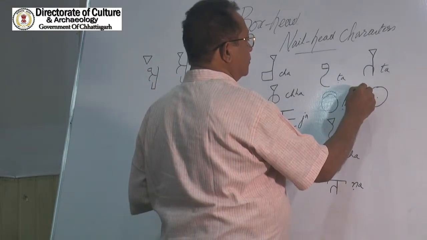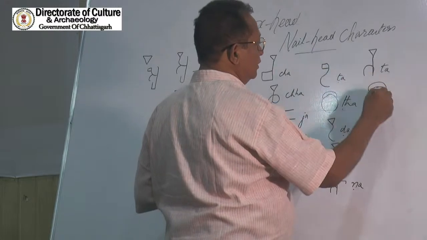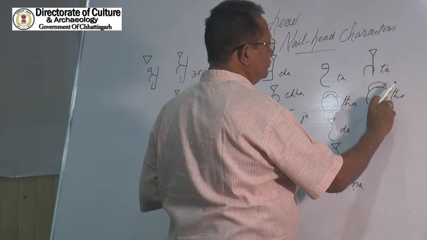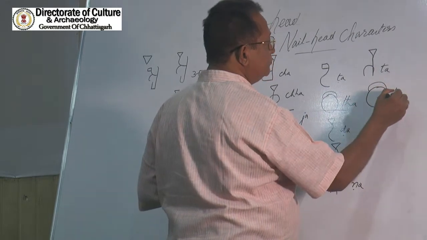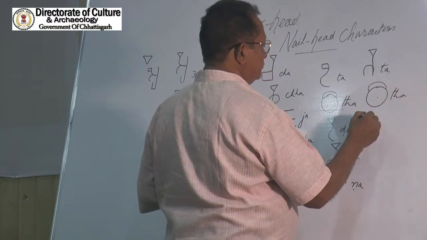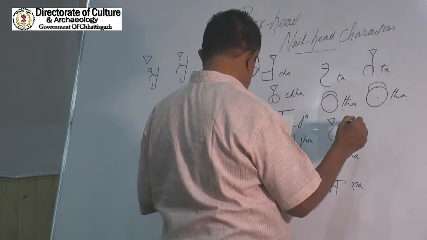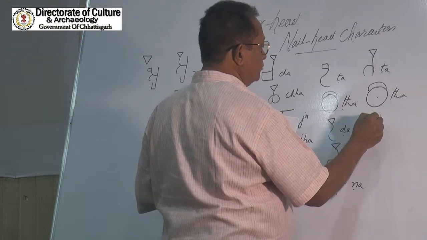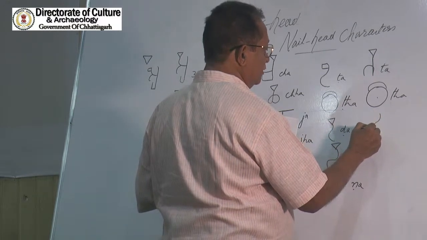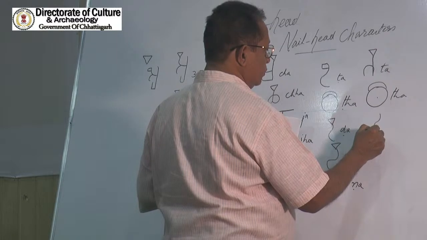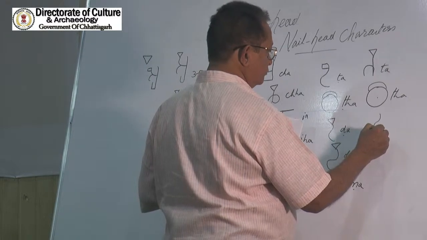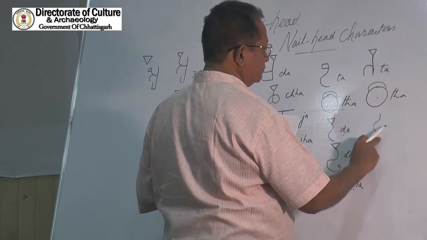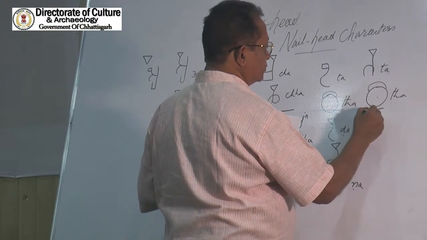You are going to put the elliptical shape here. Da will not be that deep when compared to Dha. And it has a head mark.